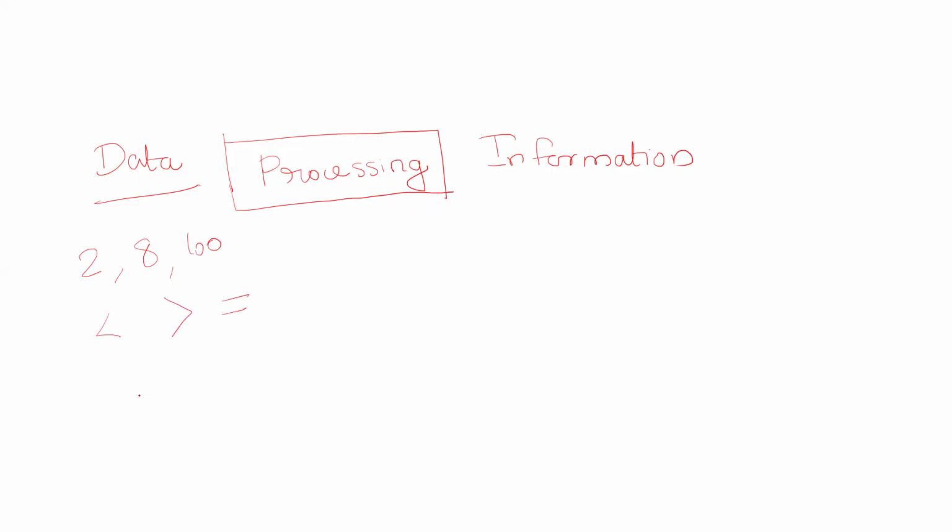So these are data. In the case of information, meaningful data is known as information. For example, 2 plus 8 is equal to 10. This is meaningful data. So after processing, data becomes information. This is the main difference between data and information.